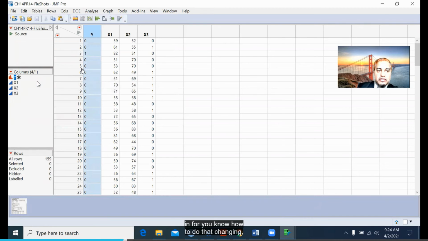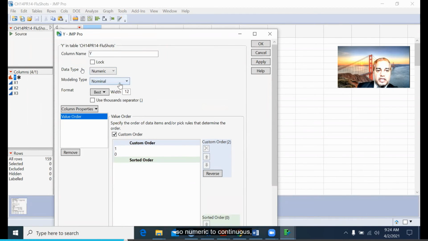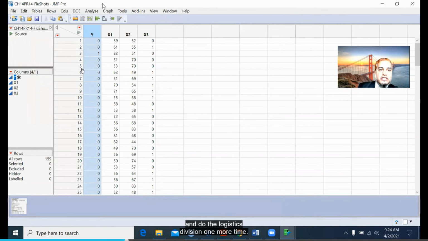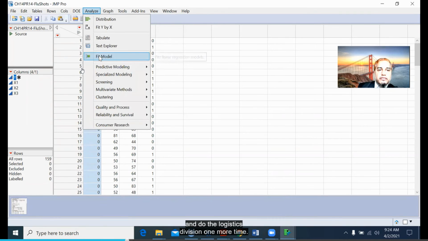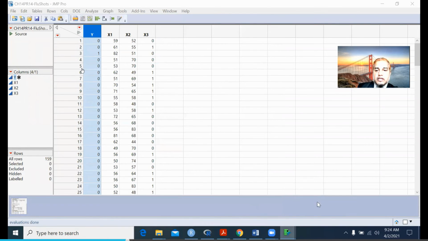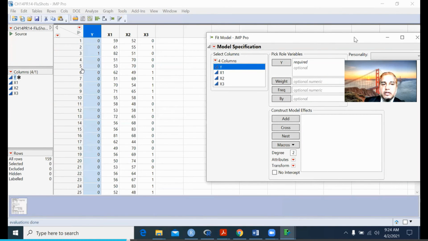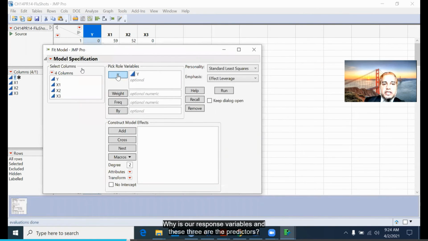Column info, you know how to do the changing. So numeric to continuous. And do the logistic regression one more time. Okay, so y is our response variable and these three are the predictors.